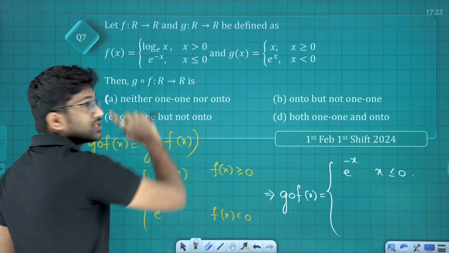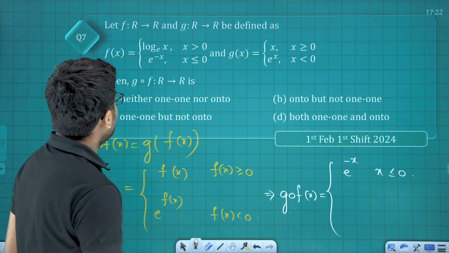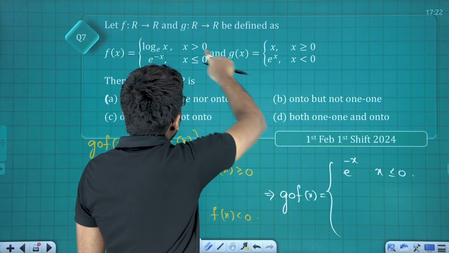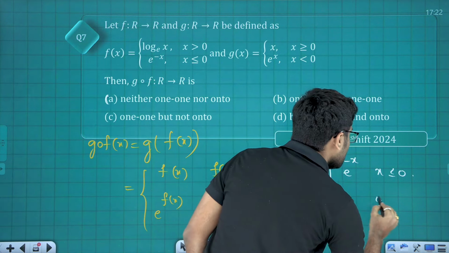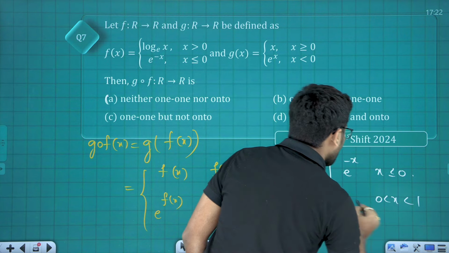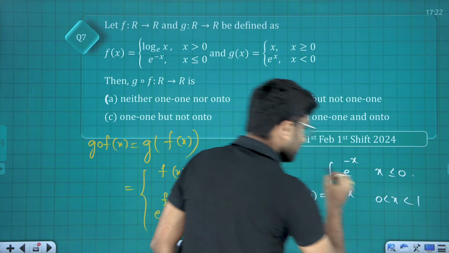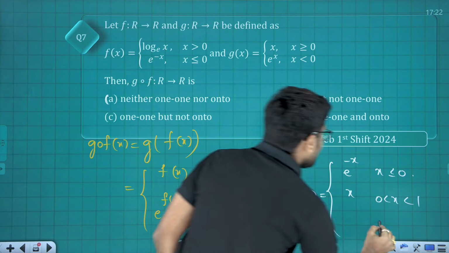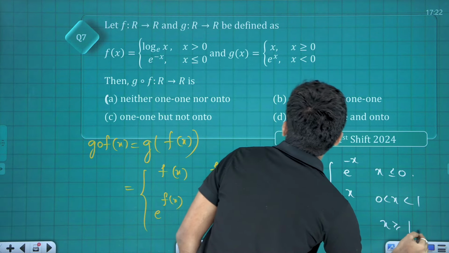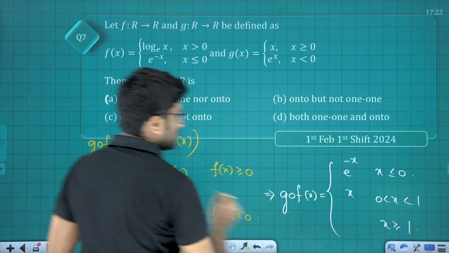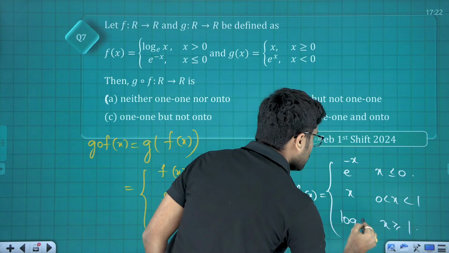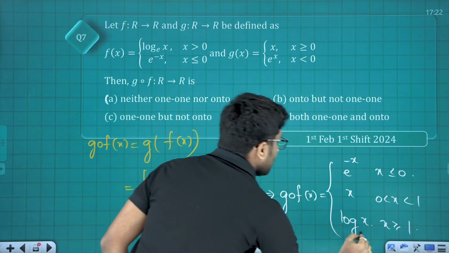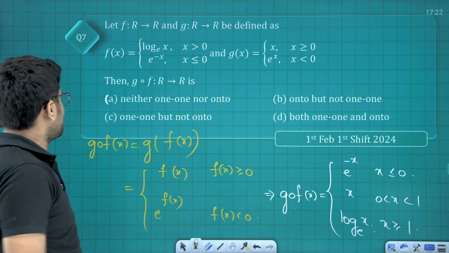Next, from 0 to 1, 0 less than x less than 1, it is x. Next, if x greater than or equals to 1, it is log x.